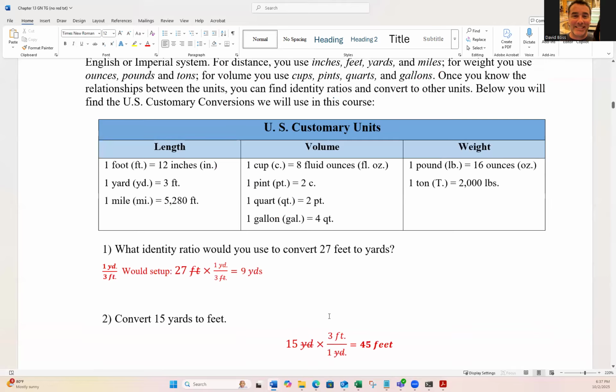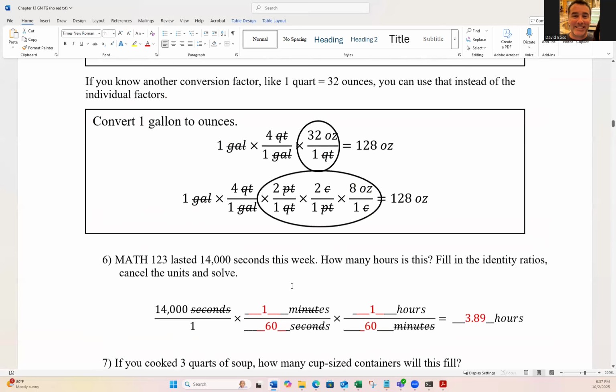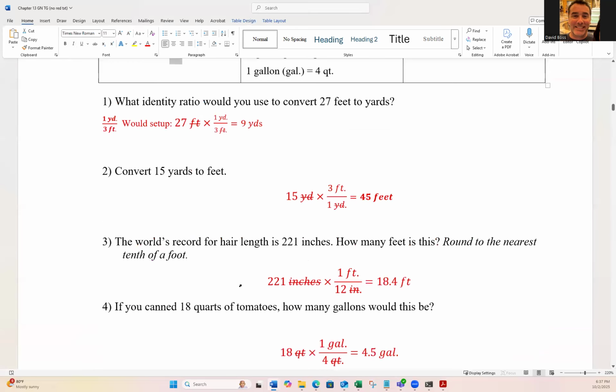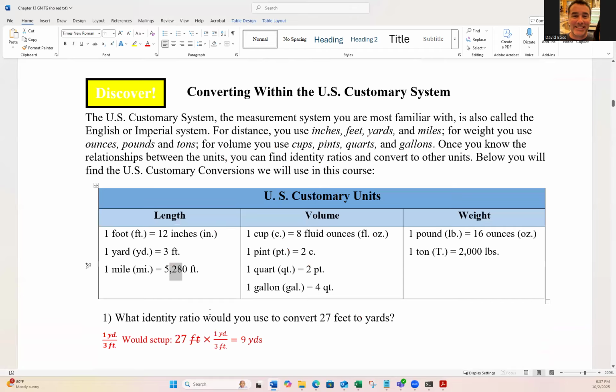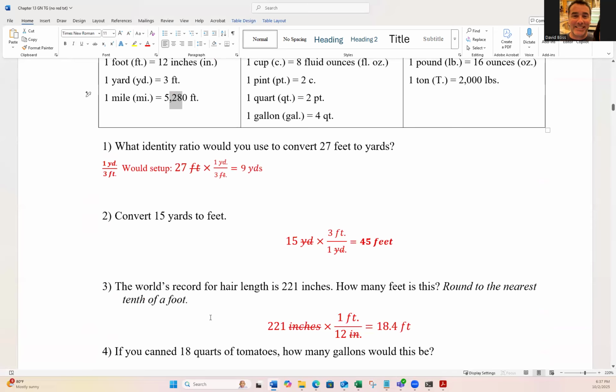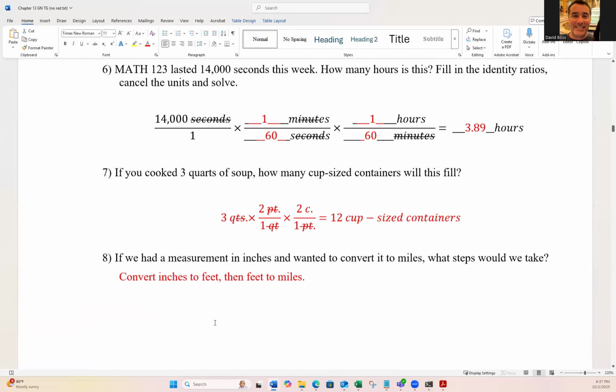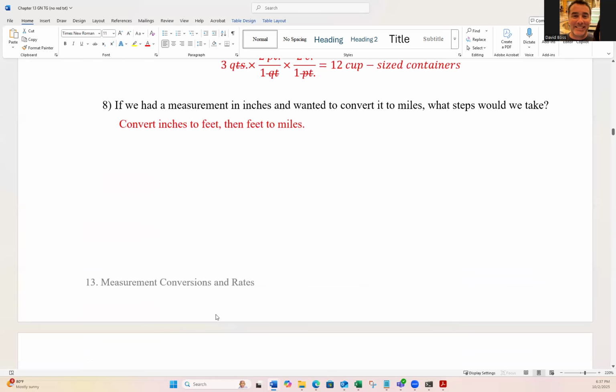No, it is not. Oh, yeah, it is right there. Okay, because you go inches to feet, feet to miles. You don't have to go through yards because we have the conversion directly from feet to miles.